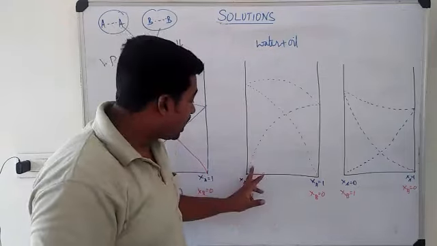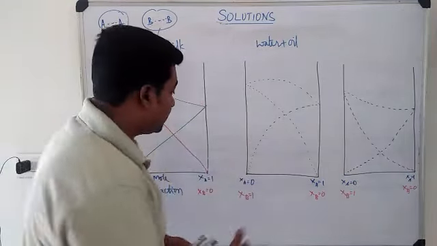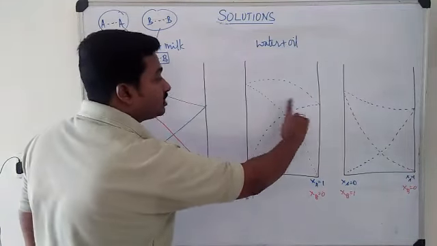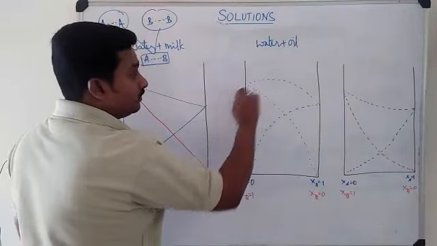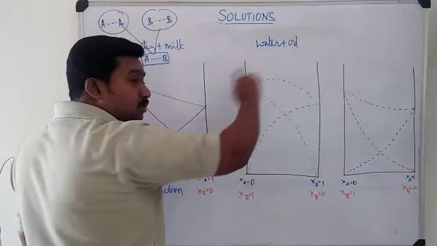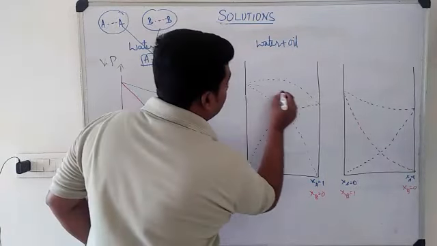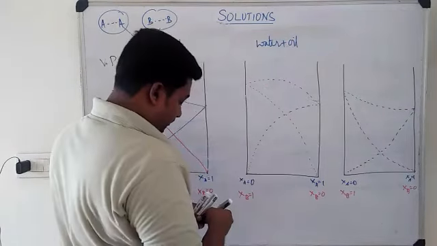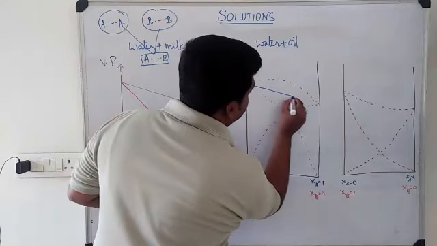In such a case, what happens to the evaporation? Look at the elevation in these graphs. There was a straight line here in the first graph, but there is an elevation. There was a straight line in this graph, there is an elevation, and therefore the resultant also has an elevation. So this elevation from the normal ideal behavior, you can see in the graph here, there is an increase from the expected.